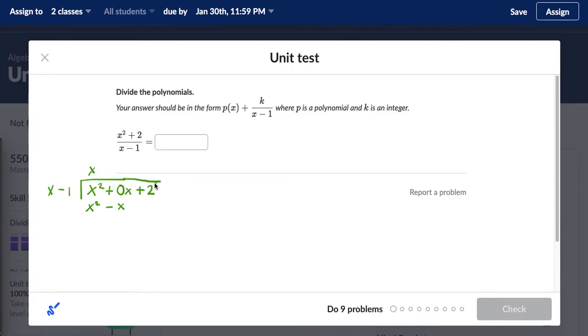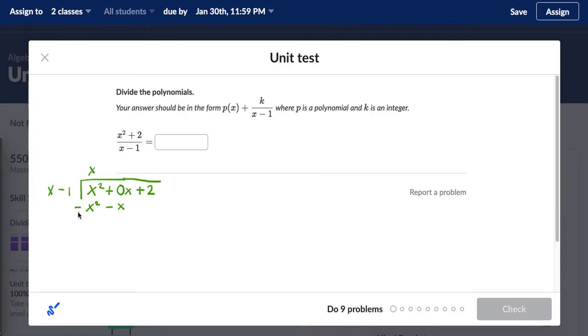We need to make sure that the polynomial we're dividing has a term for every exponent from the leading exponent, the highest degree, all the way down. So we had an x squared, we must have an x to the power of 1. Of course, there's an invisible x to the power of 0 here, and if the x to the power of 1 does not show, we need to multiply it times 0 so that it doesn't exist.